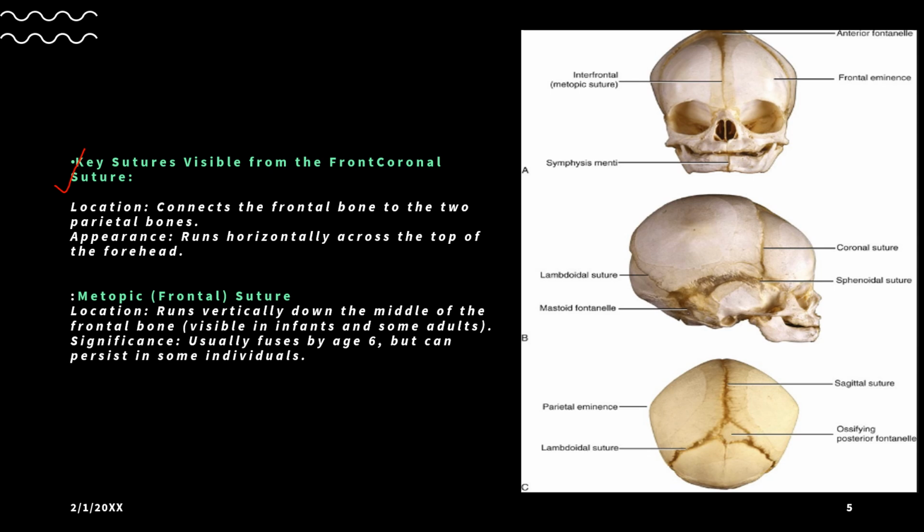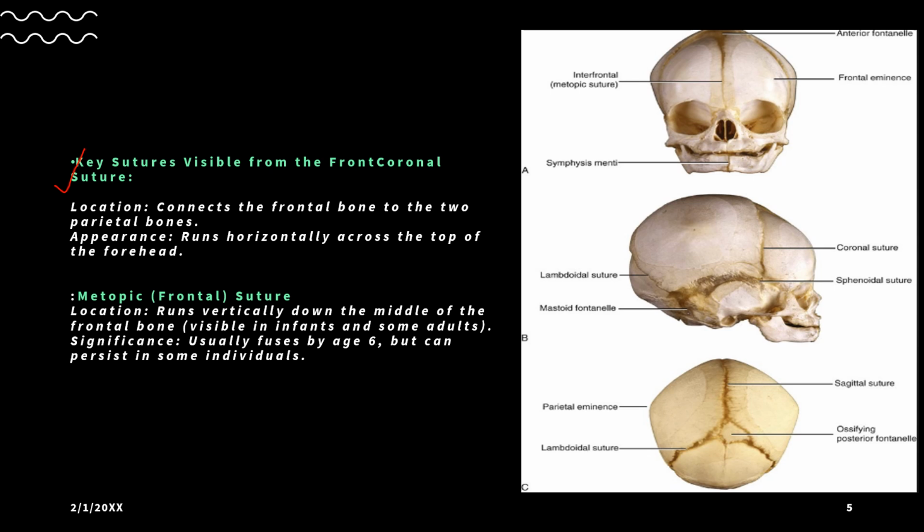We'll come to it later, but first I would like to discuss the frontal or coronal suture. So what is the frontal or coronal suture? The frontal or coronal suture connects the frontal bone to the two parietal bones. As simple as that, it runs horizontally across the top of the forehead.